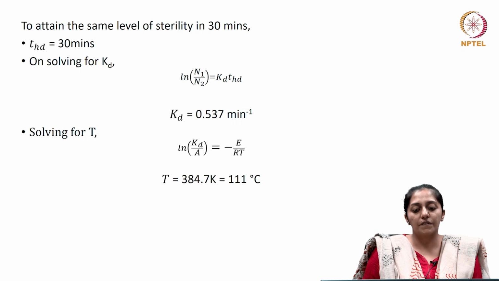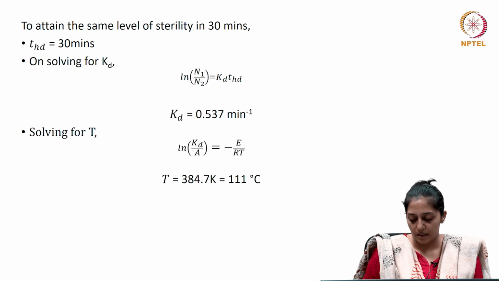Now, in the second part of the problem, if the same level of sterility is to be achieved in 30 minutes, then what should be the temperature at which the sterilization can be done?